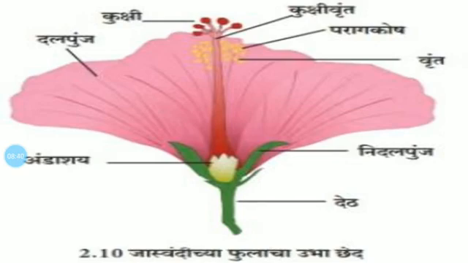Okay, so friends, this is about the flower and how fertilization or pollination occurs in the flower, and after that pollination, this flower is converted into fruit. Okay, so this is the information about the flower. Flower is the most attractive part of any plant, and these flowers are available to us in nature in different colors.